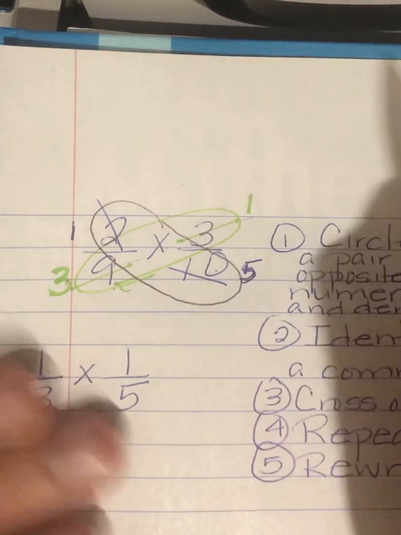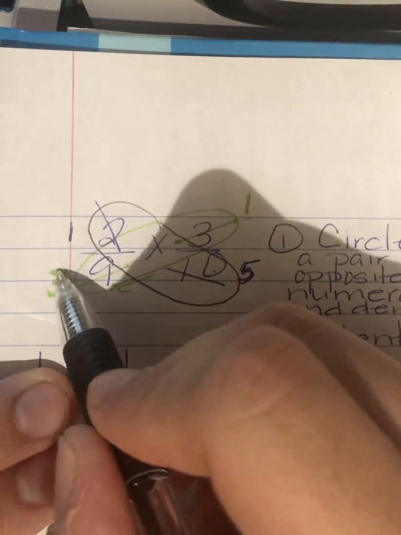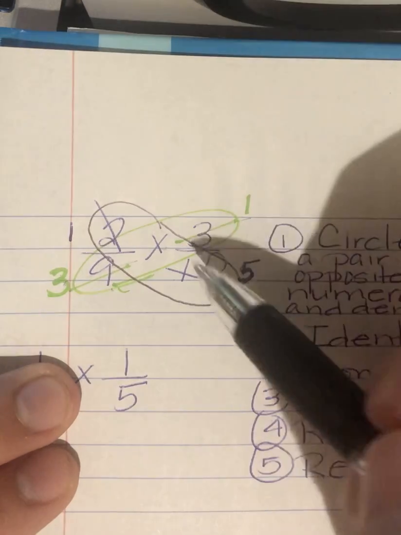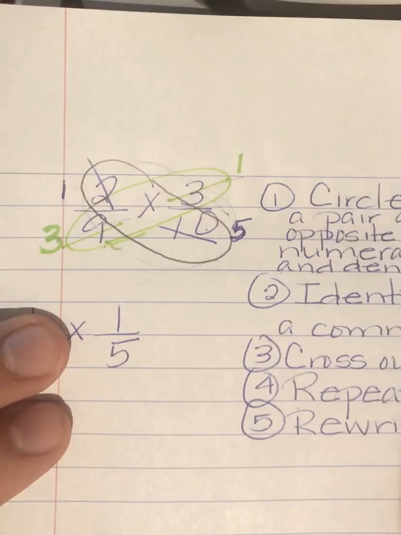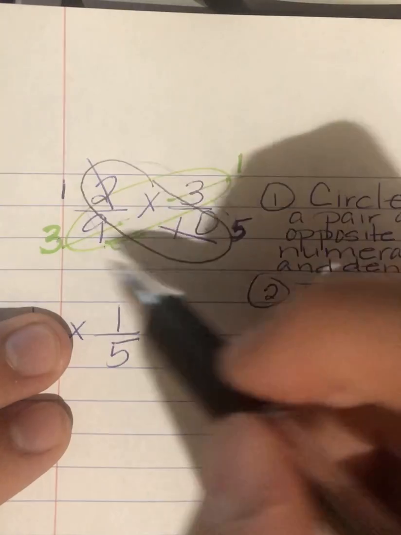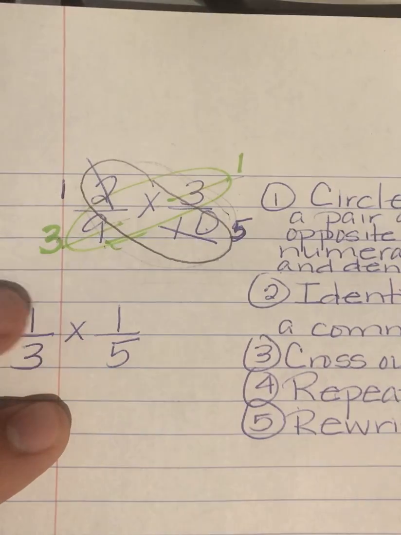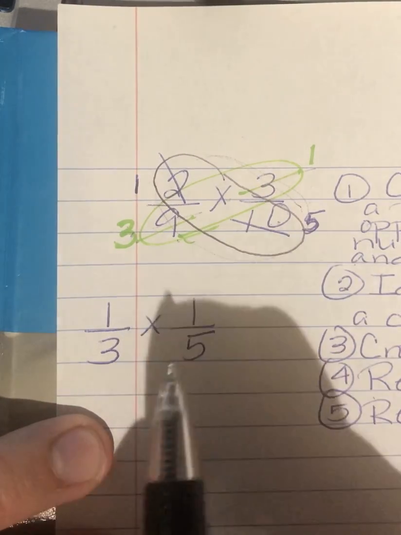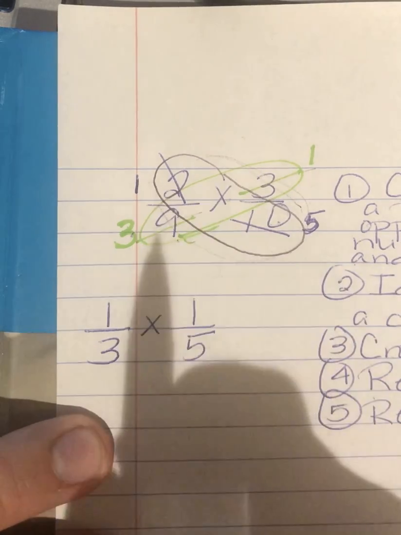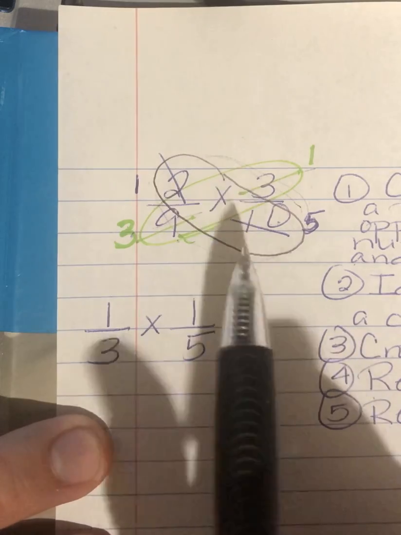After you cross out, you write the new number next to it, and then you repeat, circle the next pair of numbers, then you find a common factor, then you divide, then you write the new number, and at the end you rewrite. If you need more practice, please re-watch the video because this is very important because it will help you do less work.